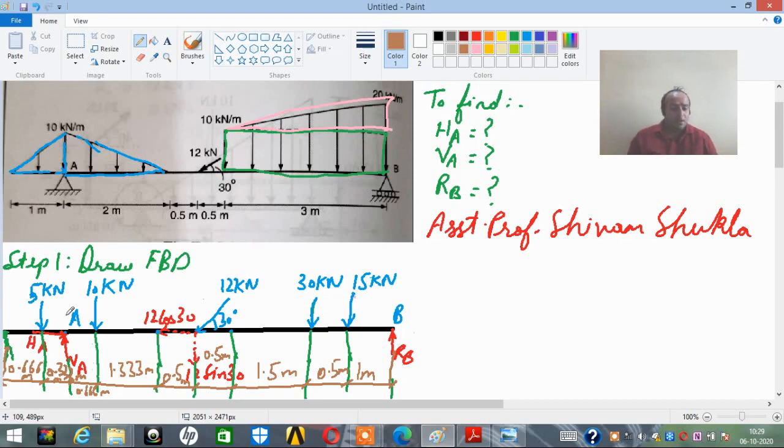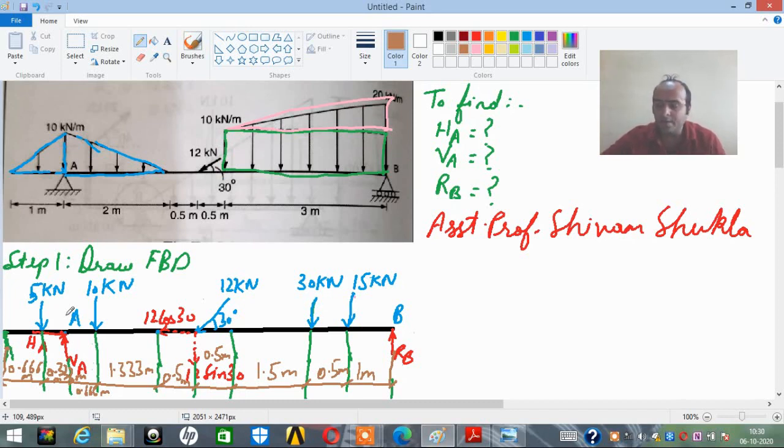So 0.666 plus 0.333 plus 1 plus 0.666 plus 1.333 plus 0.5 plus 0.5 plus 1.5 plus 0.5 plus 1. So friends, yes, the distance is coming out to be exactly 7 meters.